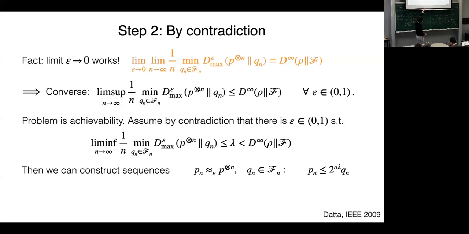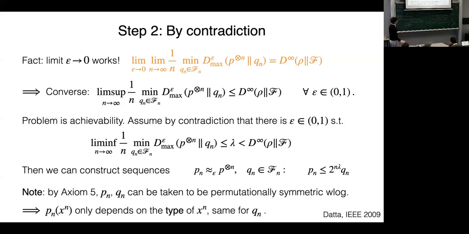I can say, okay, there exists a Pn that's a smoothing of P tensor n, so it's epsilon-close in trace distance, and a Qn that's free, such that Pn is upper bounded by 2 to the n lambda times Qn. It's just the unpacking of the statement. So you have a state that's not orthogonal to P tensor n, that's dominated by a free state.